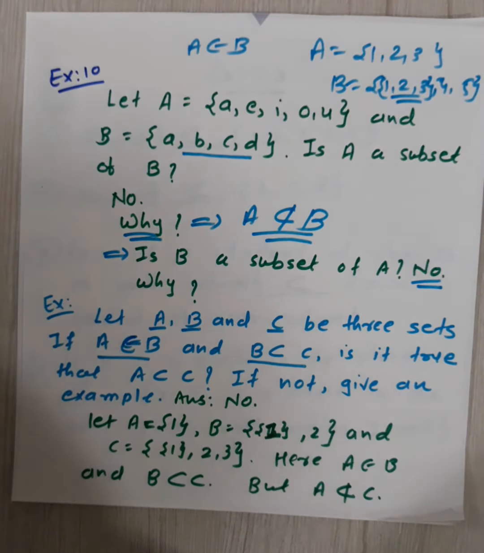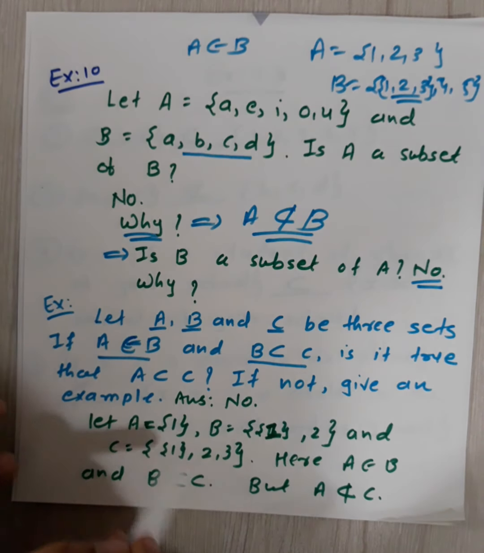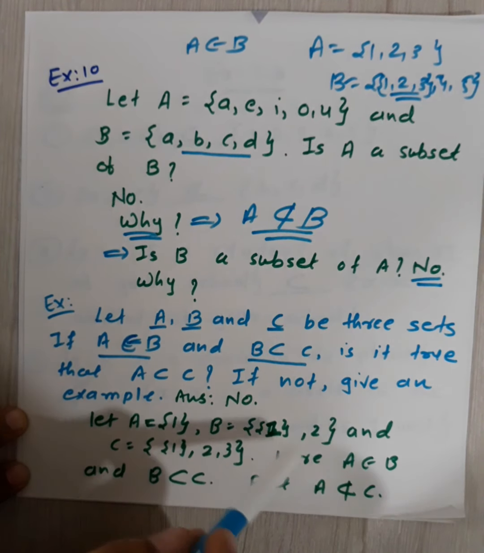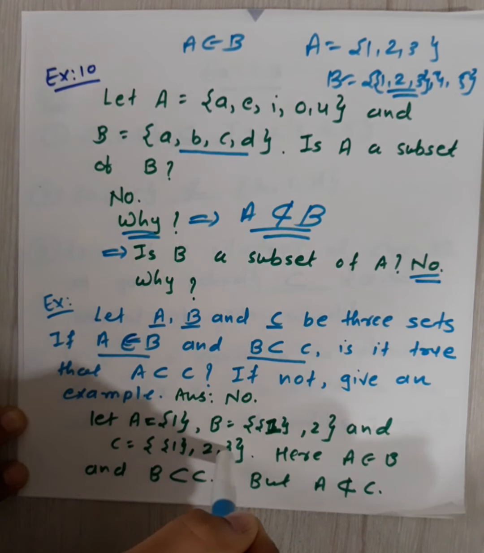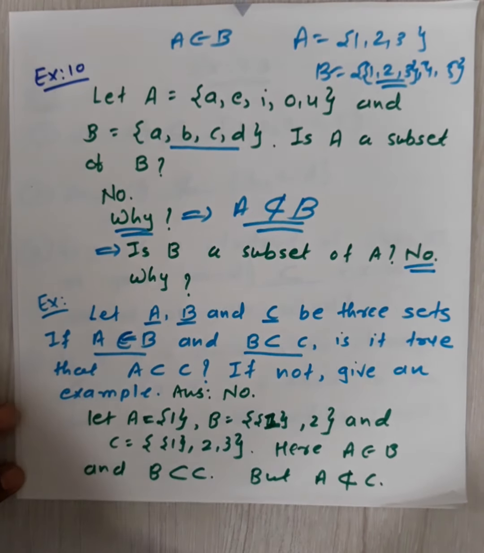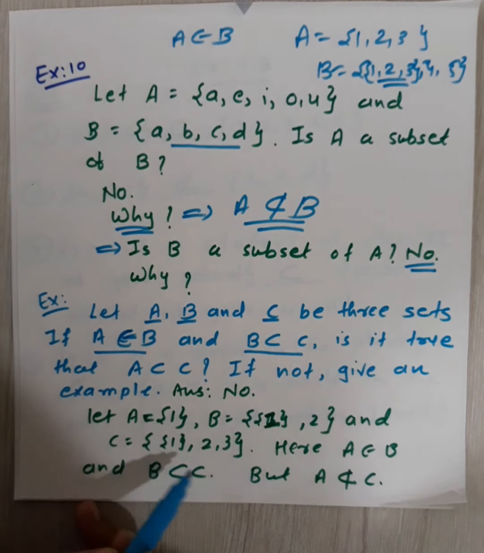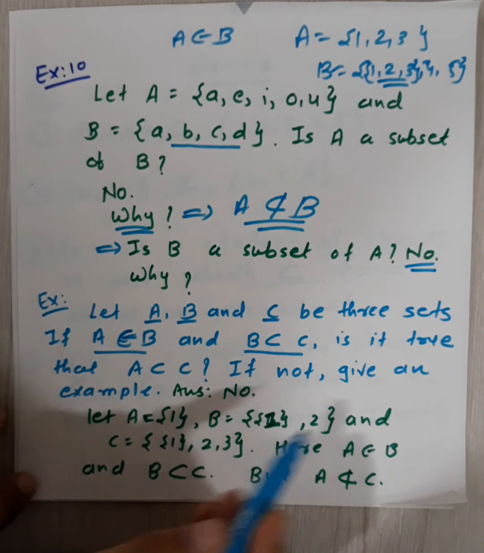So first of all, let's take one example. Let A is equal to 1, B is equal to {1, 2} and C is equal to {1, 2, 3}. If you have to denote an element belonging to a set, then you have to write it in curly braces. Right now here A belongs to B, we can see this.